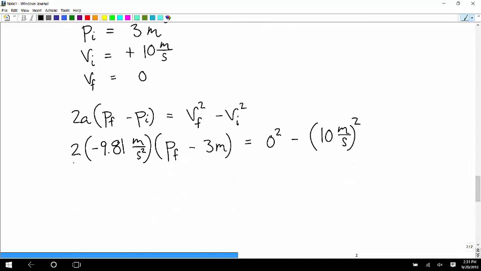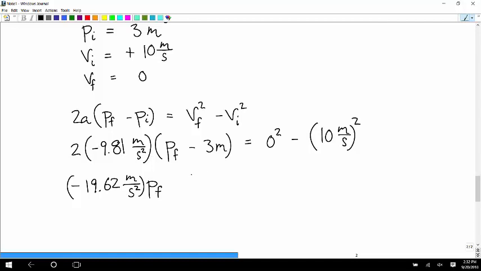And if we multiply the 2 and the negative 9.81 through, distribute that through these parentheses, we have negative 19.62 meters per second squared times PF.